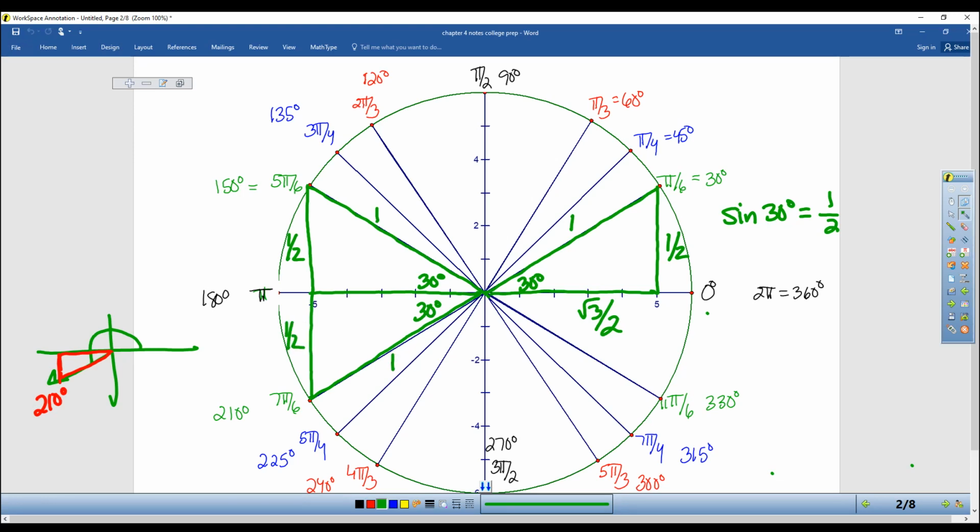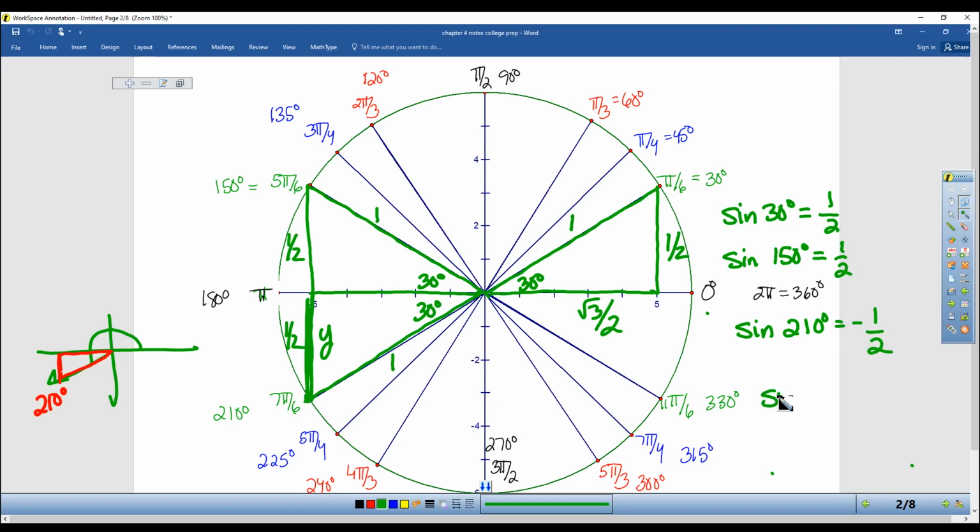Sine of 30 is equal to 1/2. Sine of 150 is equal to 1/2. Now, interestingly, though, sine of 210 is negative 1/2. Any idea why? Because now my opposite side, my y value, remember you're looking at the y over the r. Well, the radius is always positive, but the y is now down. I'm down in quadrant 3, so the y is negative.